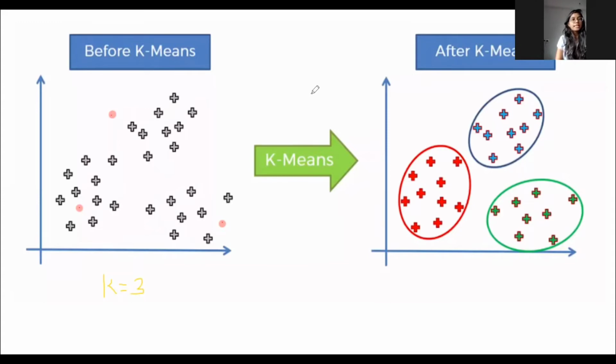The second step is that from each K point, it is going to calculate the distance between K and each and every point of the data. Similarly, the second and third K points are going to calculate likewise.